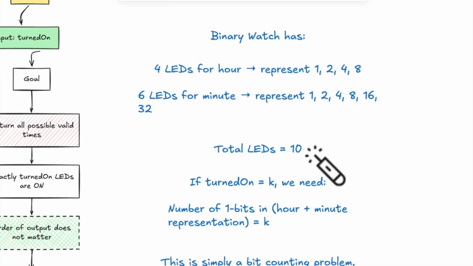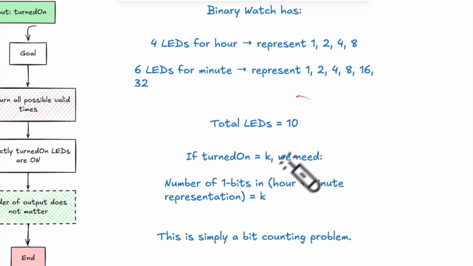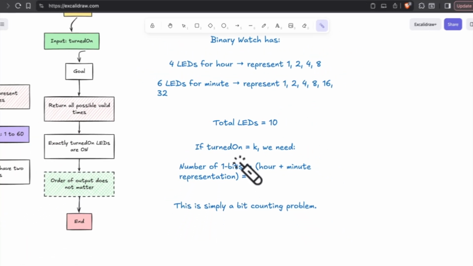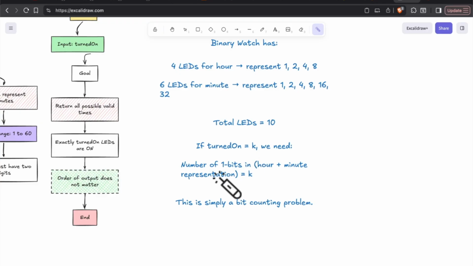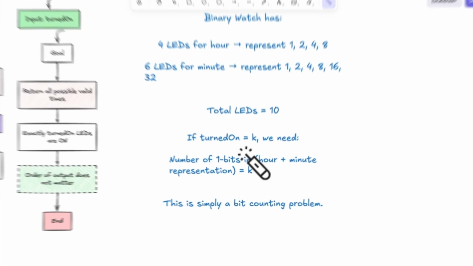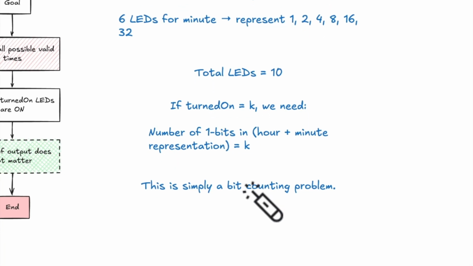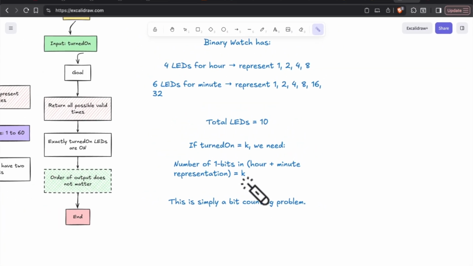So we have a total of 10 LEDs. If turned on is K, we need the number of 1 bits in hours plus minutes to give us this number. So when we see it like this, it just becomes a bit counting problem.